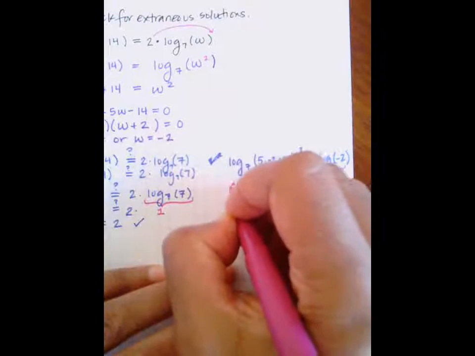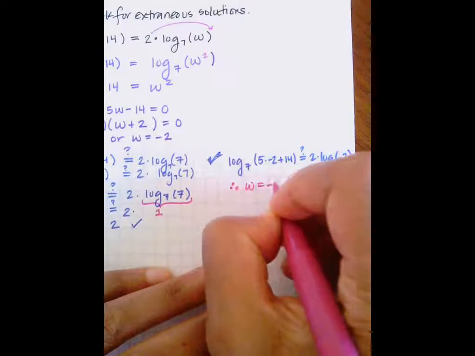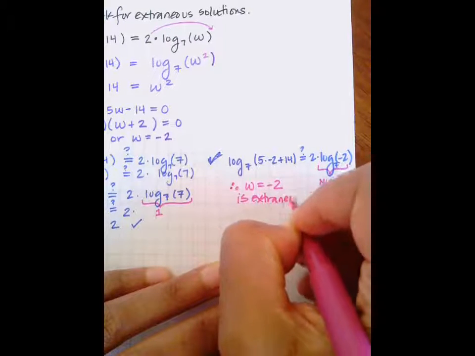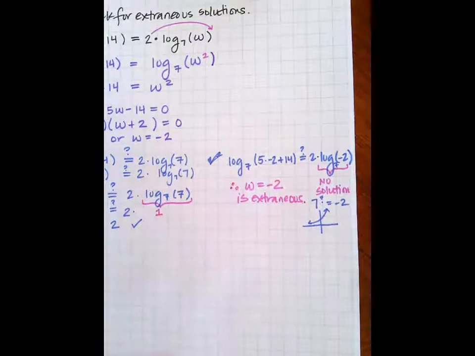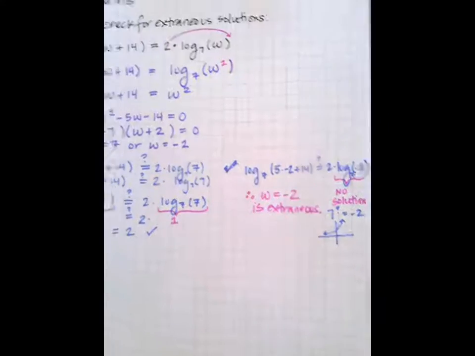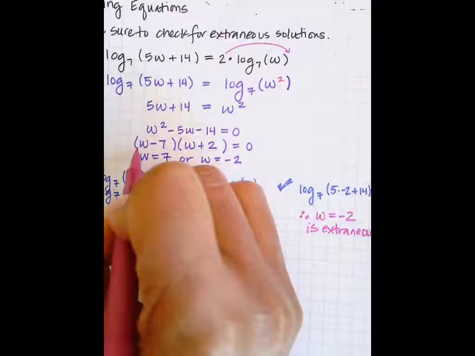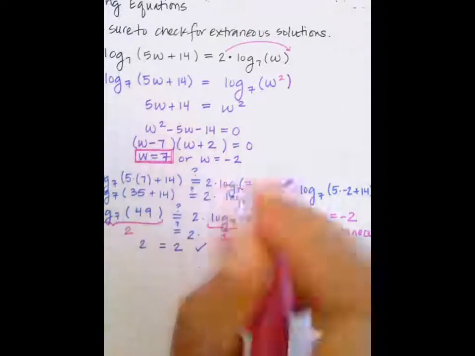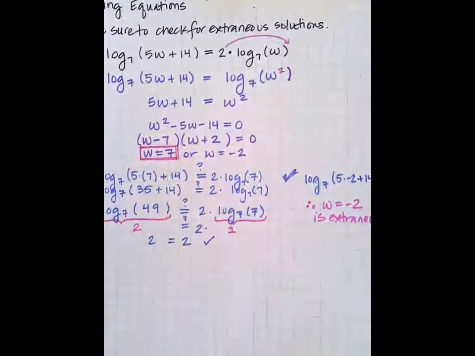Therefore, w equals negative 2 is extraneous. My only solution in this case would be w equals 7. So this is my only real solution. The other solution of negative 2 would be extraneous.